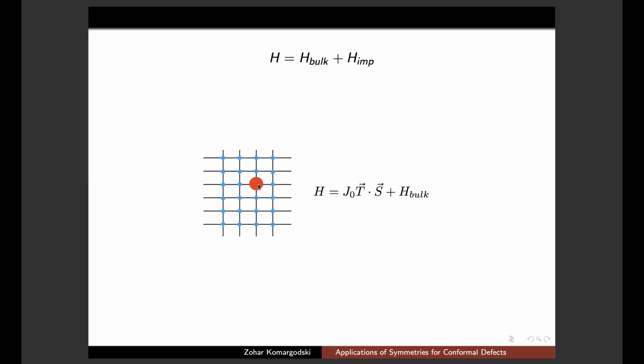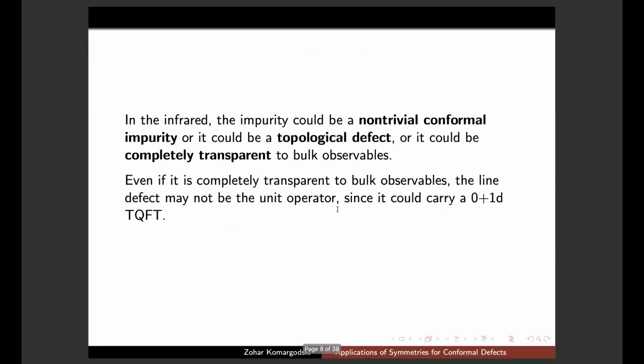So if you just slice in the space-like direction, a line defect looks like a perturbation to the Hamiltonian, and this is some kind of paradigmatic example where you put some garbage at one point on the lattice and you couple it in some way to the rest of the lattice sites. So that's how defects arise in condensed matter, as just impurities, point-like impurities.